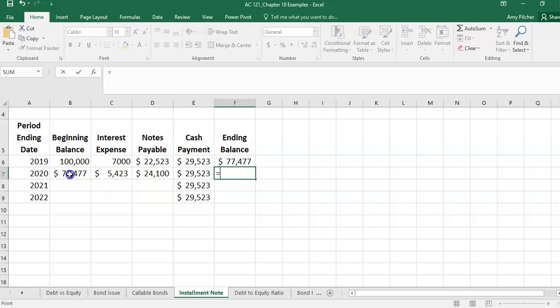We then take our beginning balance minus our note payable payment, and that gives us the ending balance of that note. We do that for all years. So in year 3, our interest payment is 7% of the current balance.